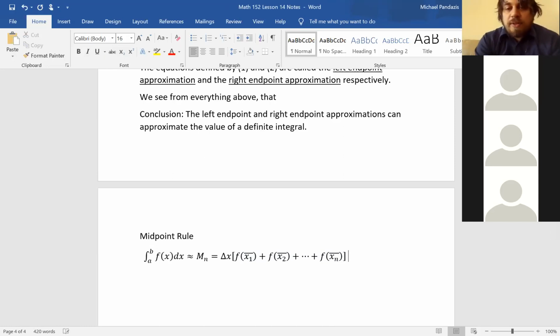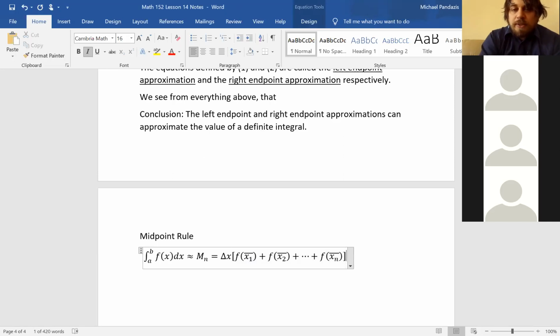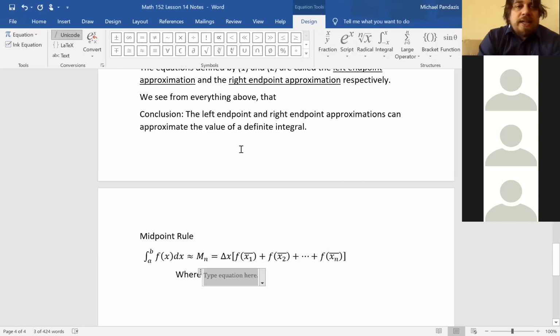Yeah, that's the midpoint rule, where delta x is equal to b minus a over n.